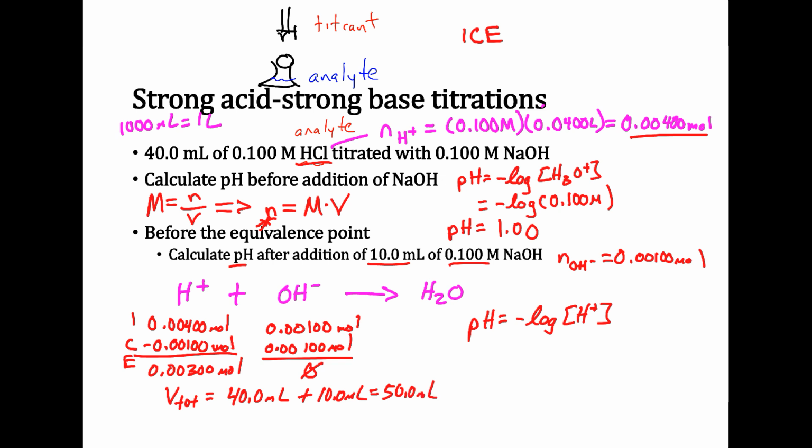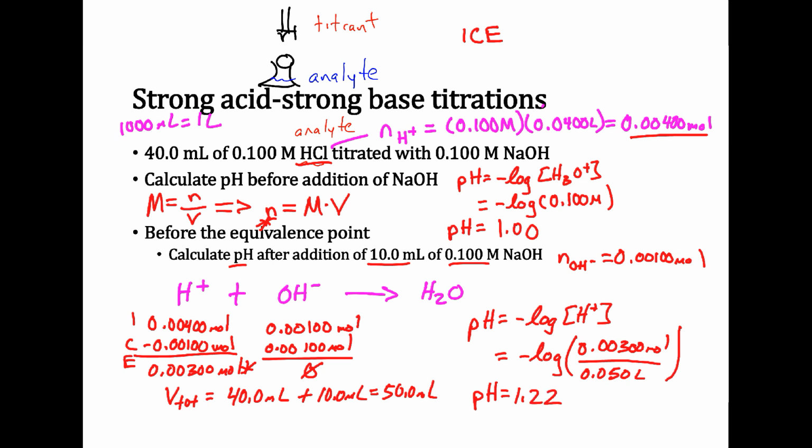Whenever we plug this in, we'll have negative log, and then the concentration of H plus will be 0.00300 moles, which we got from right here, over 0.050 liters. What we'll end up finding is the pH is equal to 1.22.